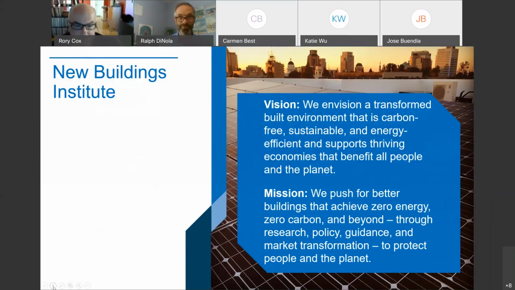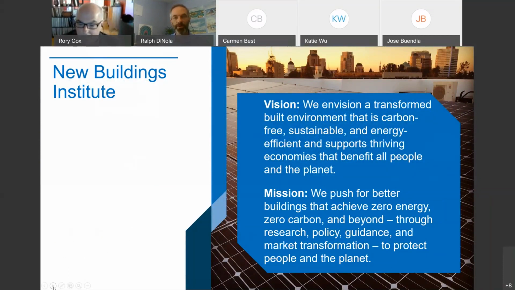For those of you not familiar with New Buildings Institute, we're a nonprofit based in Portland, Oregon. We were founded in 1997, and we are focused on advancing zero energy and zero carbon buildings by driving the market to adopt advanced technologies.